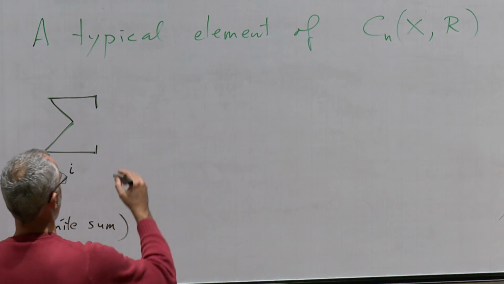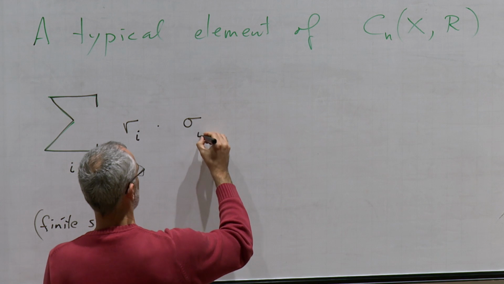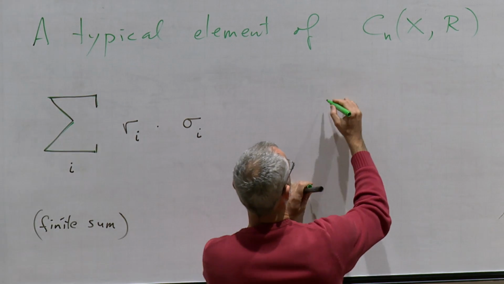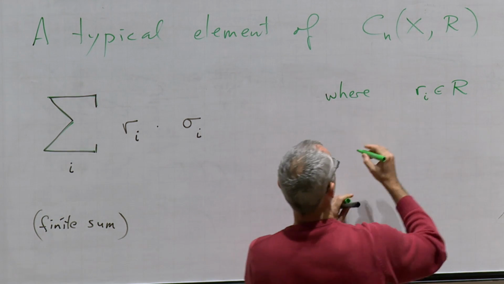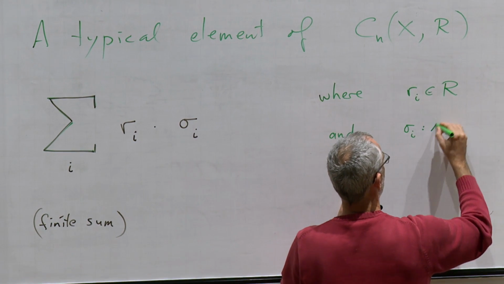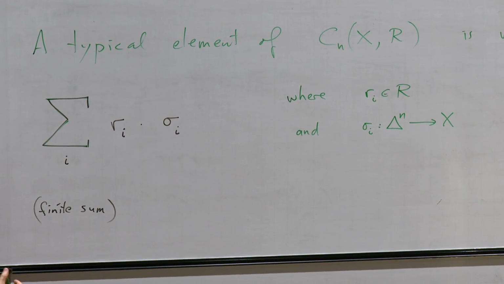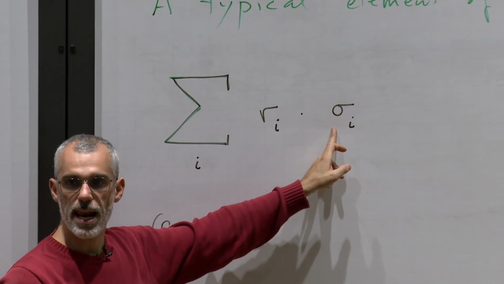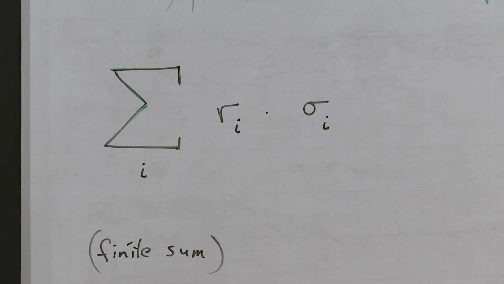And then I have a coefficient, r sub i, times sigma sub i, where r sub i is an element of R, and sigma sub i is a continuous map from the n simplex to X. So you think of that as being a coefficient, and you think of this as just a label that tells you in which copy of R you're going to put little r i.